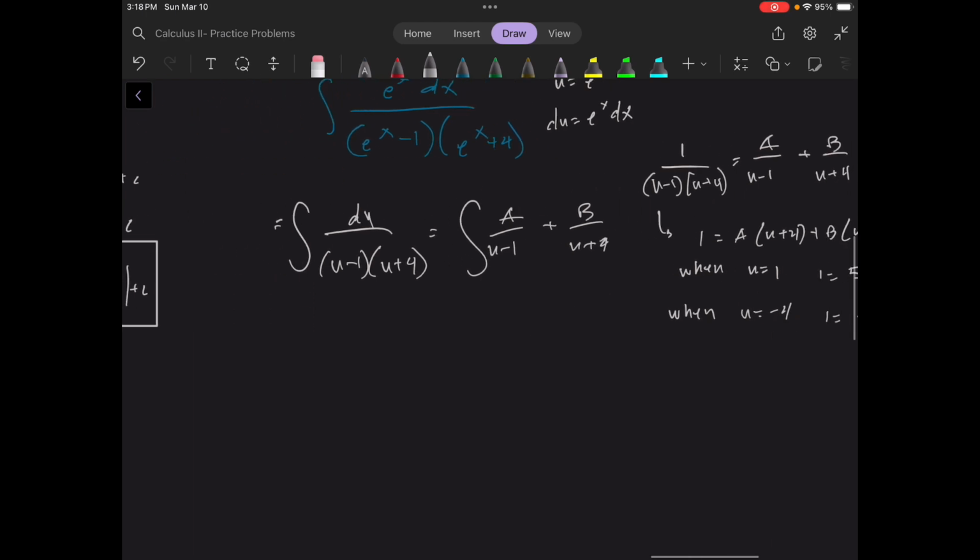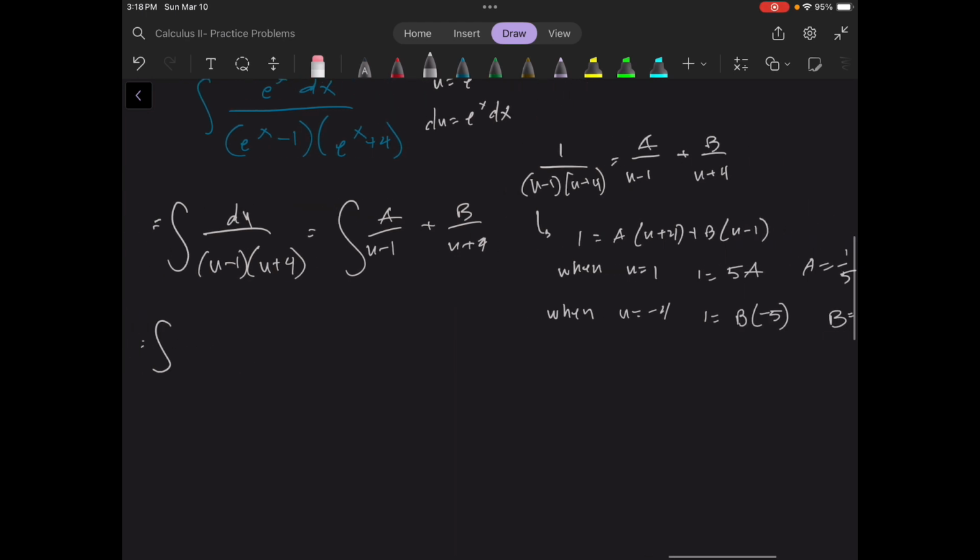So this integral turns into a, which is 1/5, over u minus 1, plus b, which is negative 1/5, over u plus 4 du, right? So this is once again two fairly easy integrals.